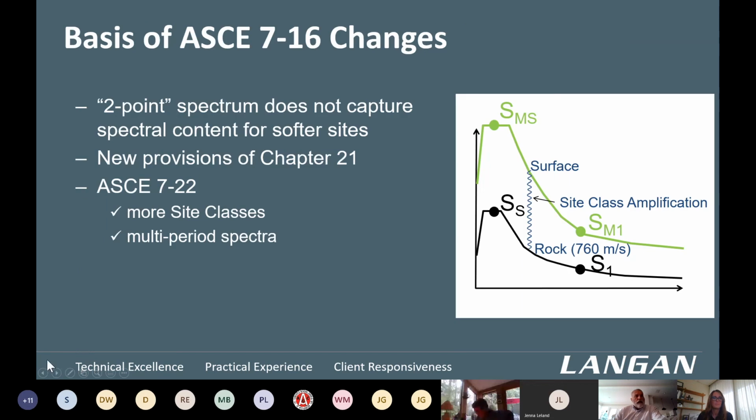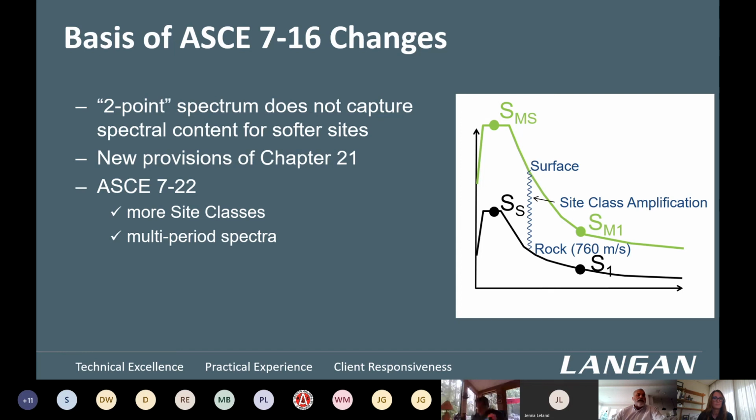And some of the changes of these conditions is because you can see this spectrum, as I described earlier. You do a whole bunch of these types of analyses to come up with all of the values of this spectrum for different periods.